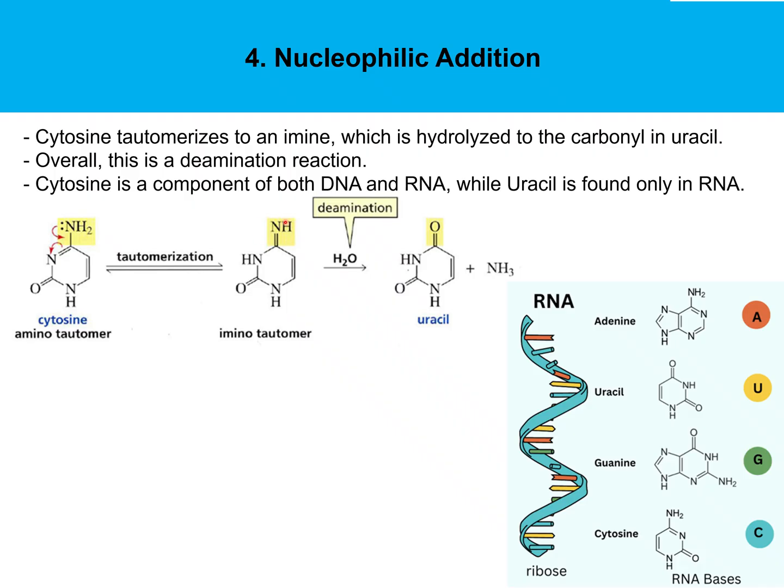Hydrolysis of this imine by adding water will lead to a carbonyl being formed, which is the structure of uracil. Cytosine is found both in DNA and RNA, while uracil is found in only RNA.